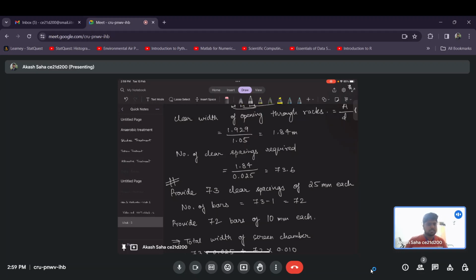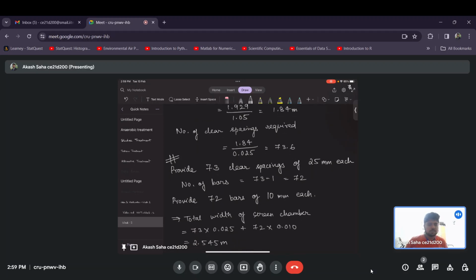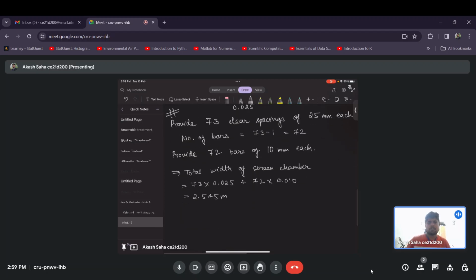We provided 73 clear spacings of 25 mm each. So my number of bars will be 73 minus 1, that is 72 bars of 10 mm. So my total width will be 73 into 25 mm plus 72 into 10 mm. So this is my screen chamber.